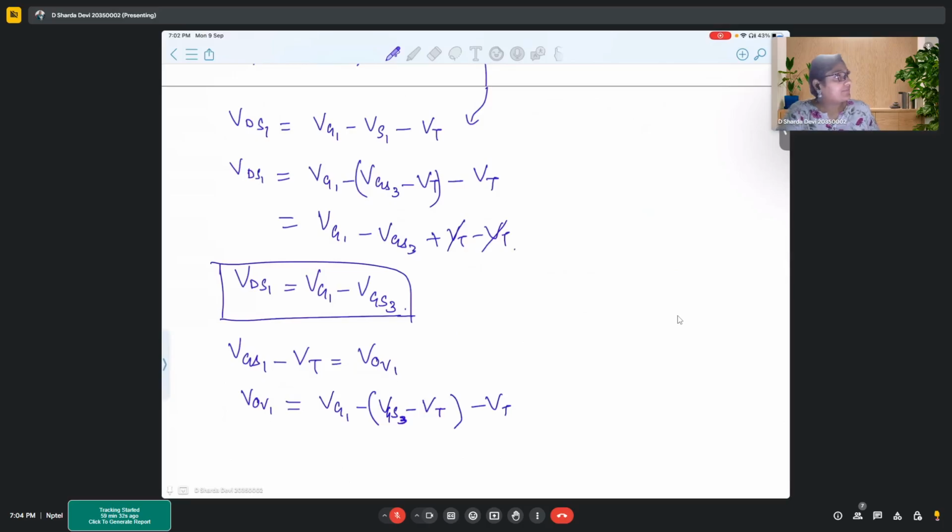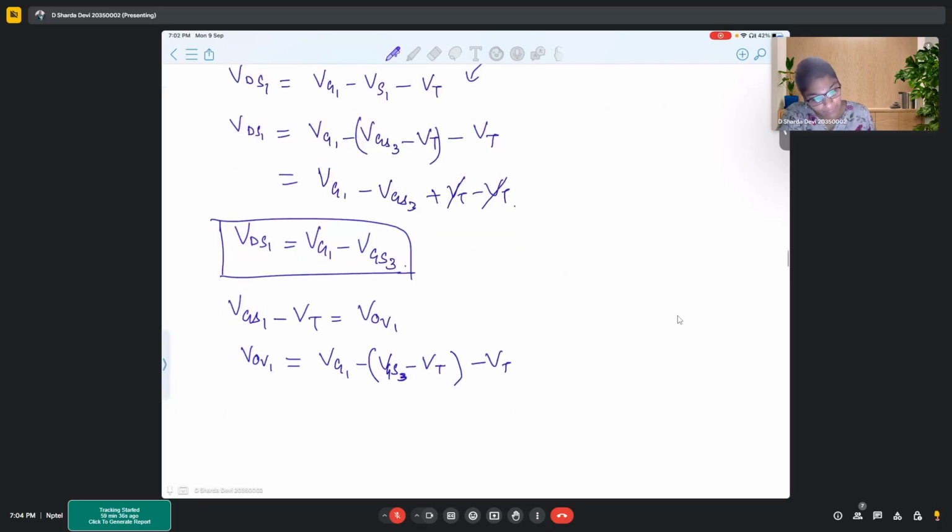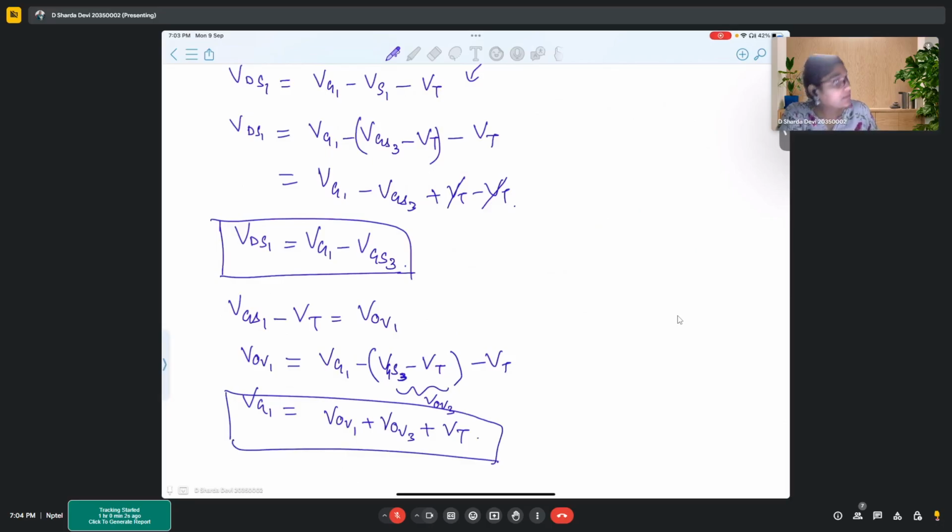So VDS1 we found out. Now, we are simply looking into what all we can find out from this. VG1 can be written with this being VOV3. So VOV1 plus VOV3 plus VT is VG1.